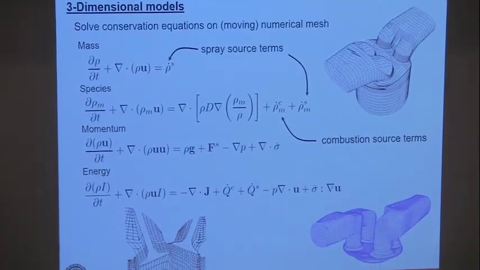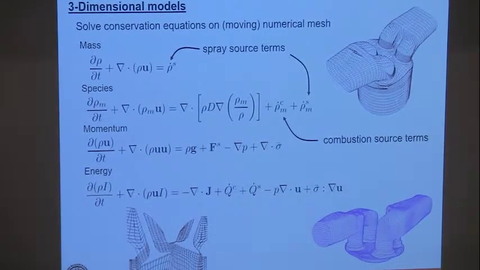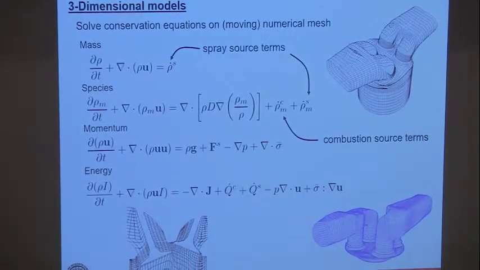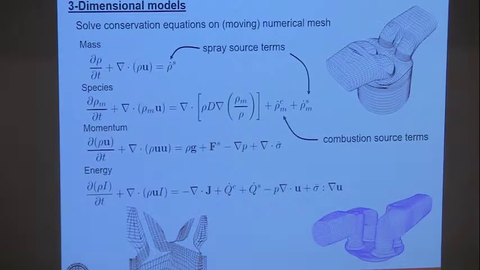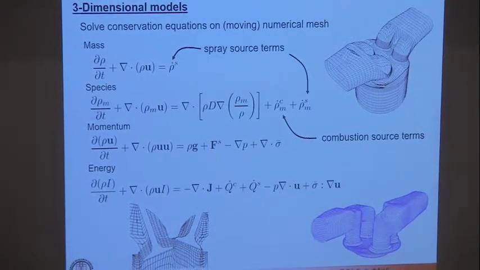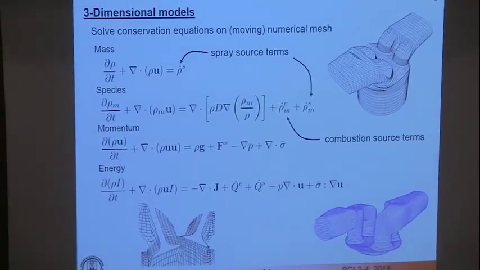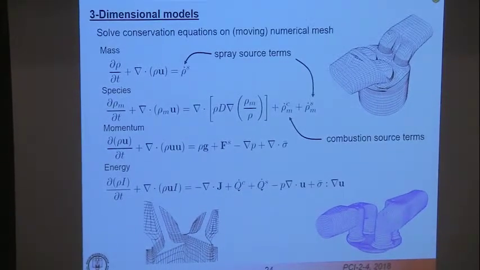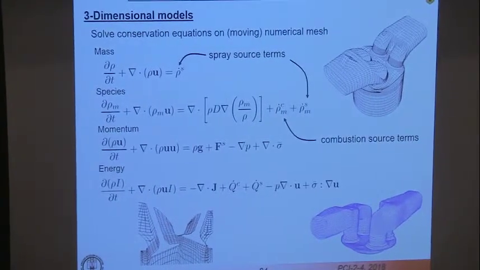Okay, so having determined what we're going to use for our chemistry, we've got a mechanism that allows us to predict ignition delays reasonably well. We now want to put that into our CFD code. And so, for instance, in the species equation, we need to introduce the source term for combustion and also in the energy equation.